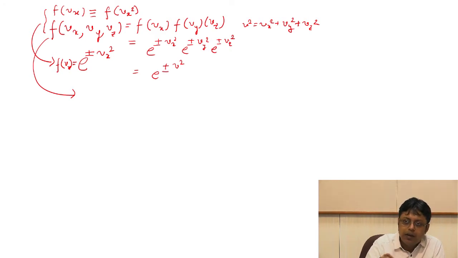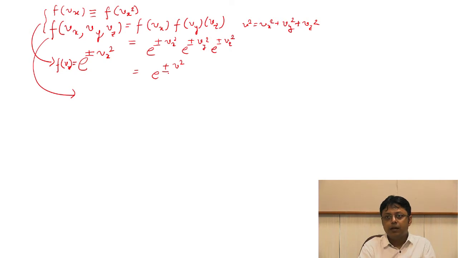Now whether the plus sign will be correct or the minus sign. If I take the plus sign, then at very large velocities this distribution will blow up. So when v goes to infinity, it will be very high. That is very highly unlikely, so this plus sign cannot be possible.